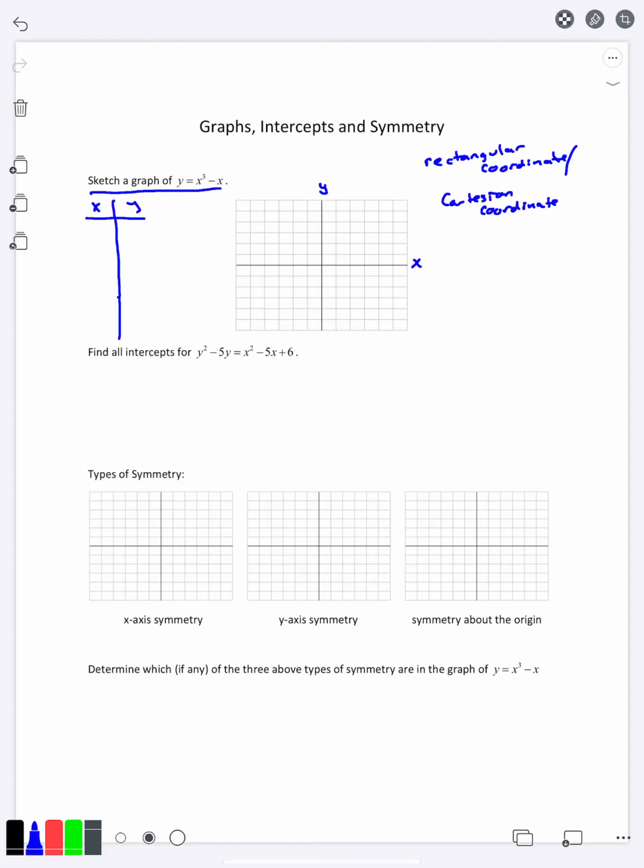The way an XY table works is you pick whatever values you want for either X or Y, plug them into the equation, solve for the other variable, and use that to draw a point.